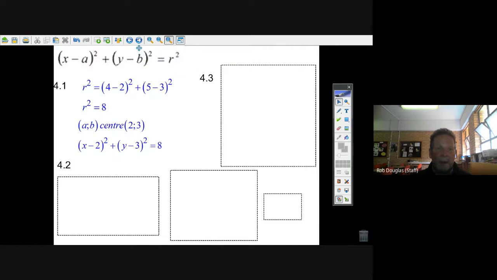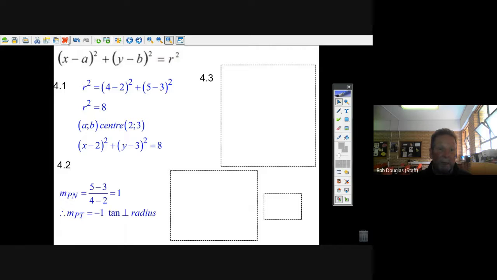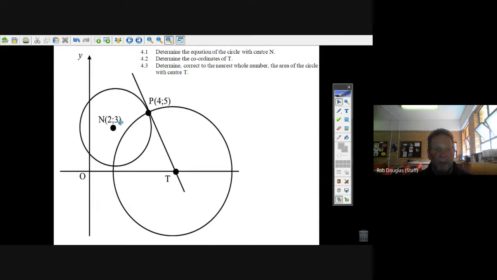The gradient of NP is 5 minus 3 over 4 minus 2, subtract the y, subtract the x. The gradient's 1. Therefore, the gradient of the perpendicular line PT must be minus 1.